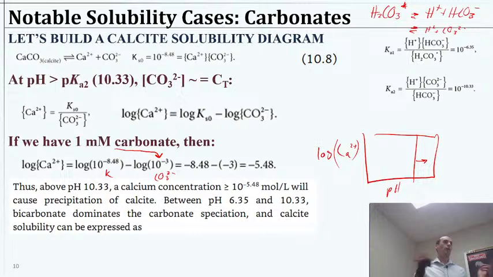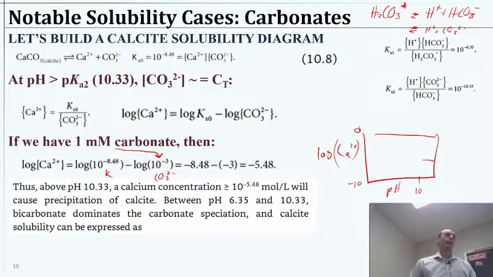We made the assumption that all of the carbonate is in the carbonate form. That gives us an answer. If this is a log plot going from 0 down to, I don't know, minus 10 or something, then we could say, at least for the values above 10.33, we know that this value should be at minus 5.48.